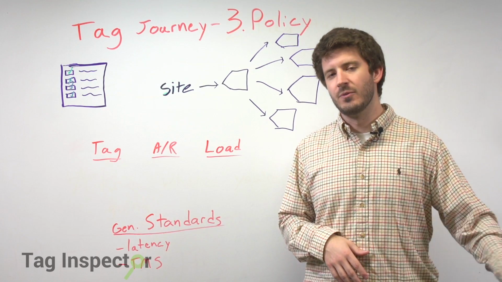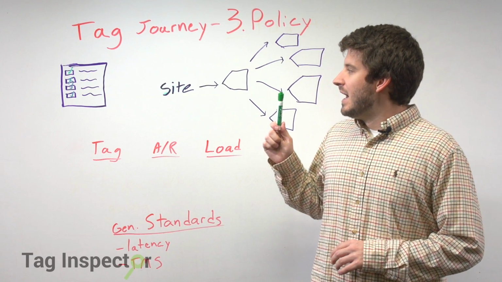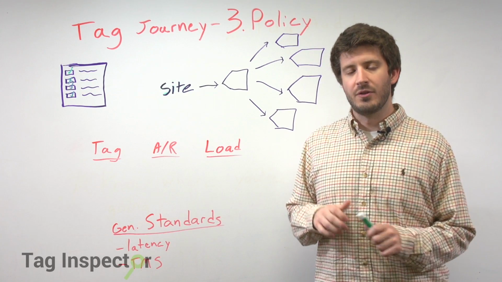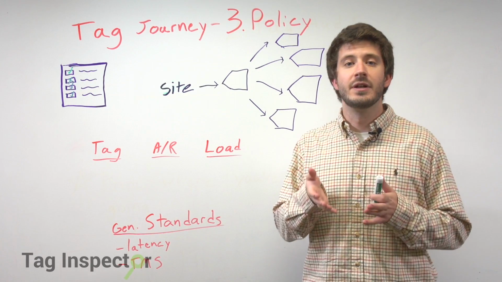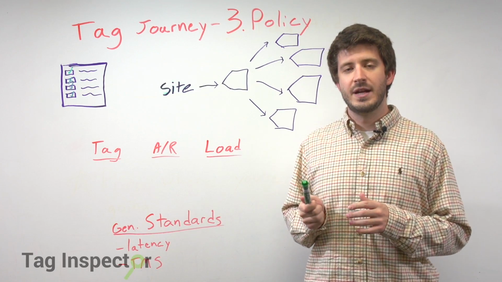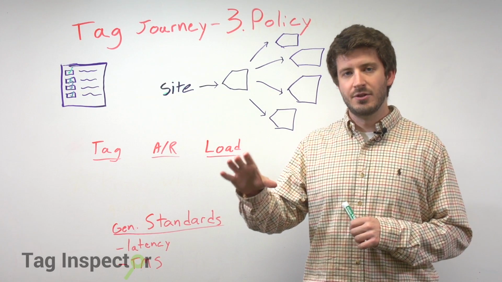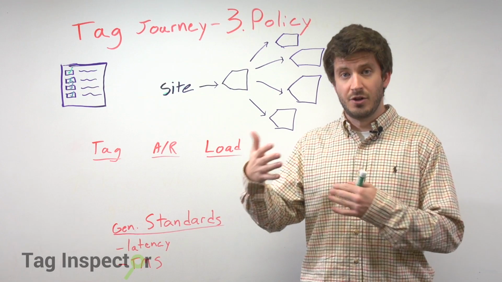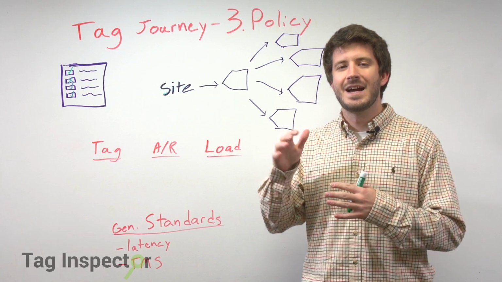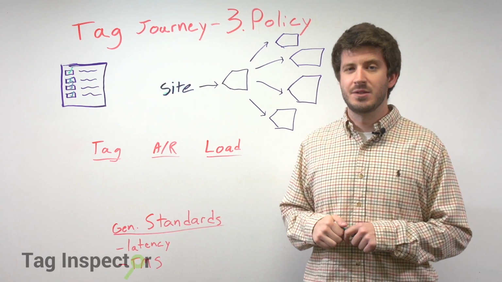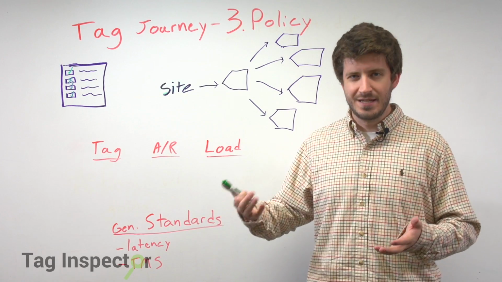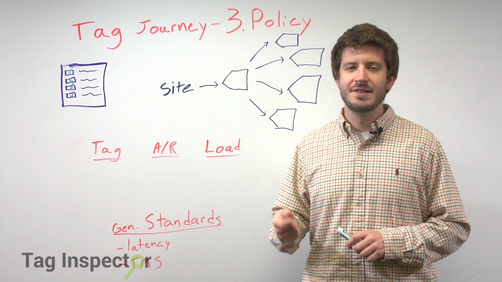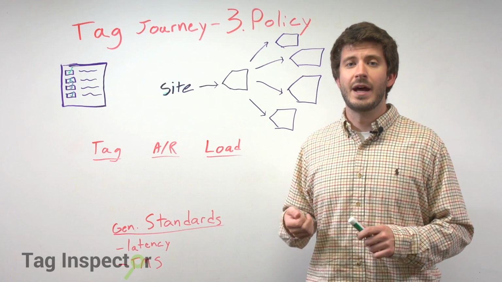We can just rip them out, get rid of them. A pro tip when going through this piece of the process, focus on the tags that you can control. So those that are loading either directly from your page source or the code of the page, or directly through your tag management system. So things that, again, you've probably implemented or your team has definitely implemented and can be easily identified and pulled out.